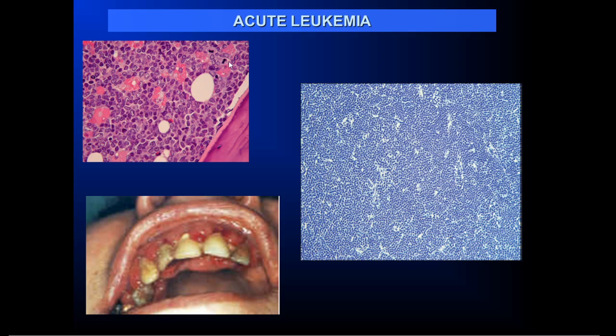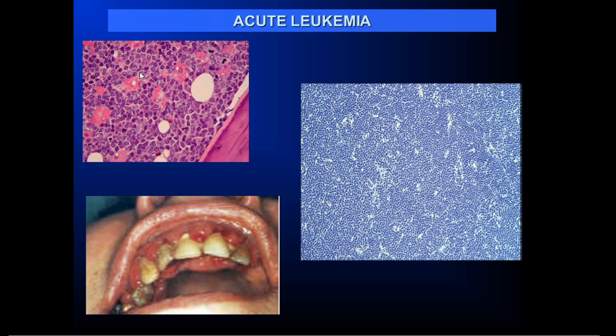Morphologically you see a lot of mitoses, here 1, 2 for example, mostly small, not big cells. Here this is myeloid leukemia.